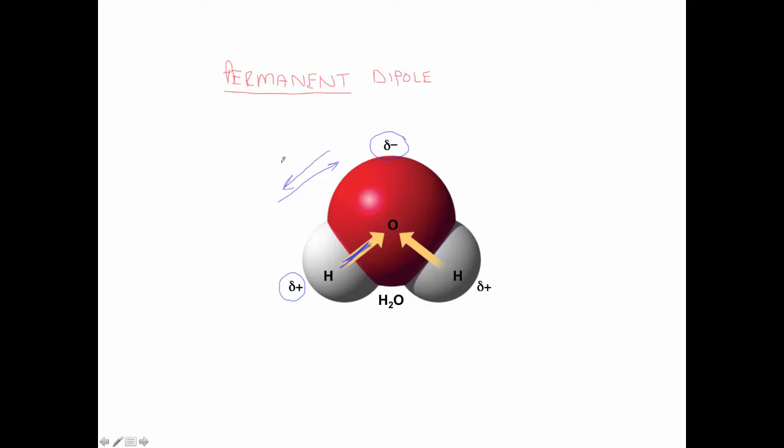It's very polar. That's why it's called a polar covalent bond. And the same thing is true for this other side. There's a partial charge on the hydrogen. So because of this polar covalent bond, we now have what's called a permanent dipole. And this is going to be kind of a big deal because it will allow things like hydrogen bonding to occur.